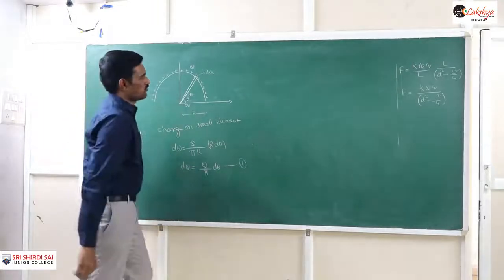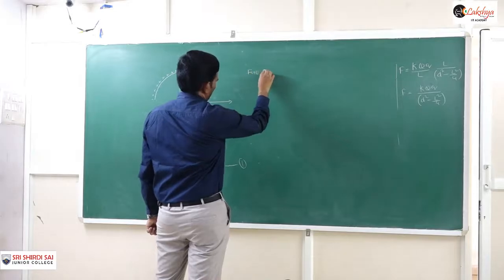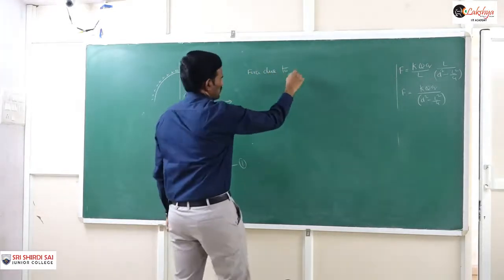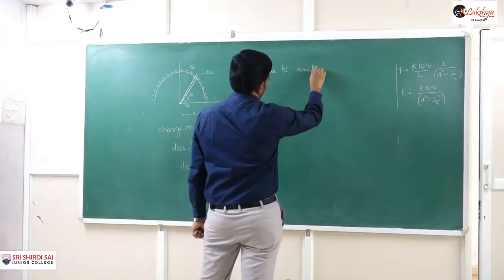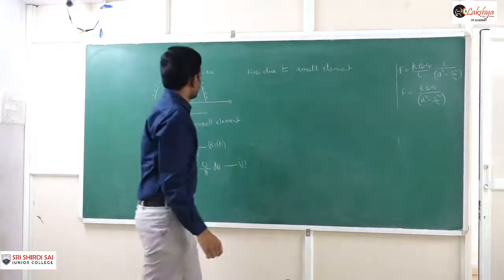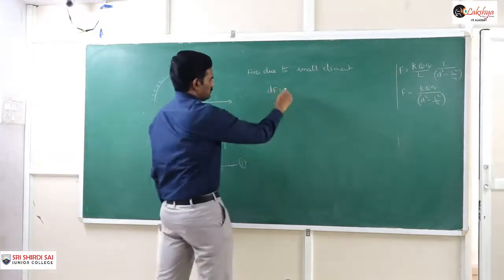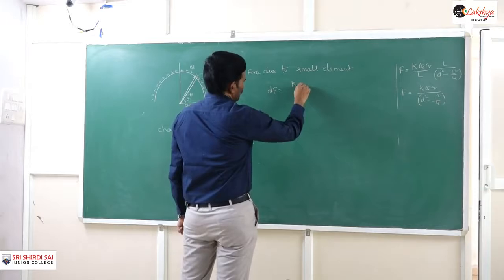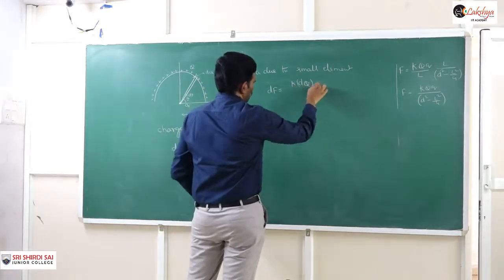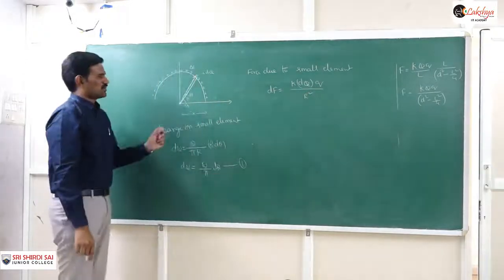Next, let us write the force due to the small element. The force due to the small element I can write as dF is equal to k into dq into q by r square, where r is the distance between that element and this point charge.